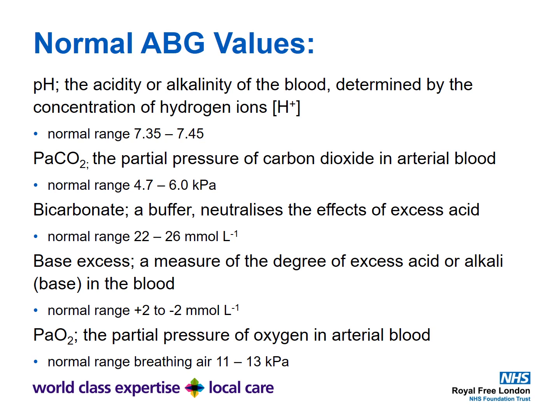Don't worry too much about base excess. This simply reflects the degree of excess acid or alkali in the blood in order to maintain or achieve homeostasis. And PaO2 is the partial pressure of oxygen in arterial blood, and this is usually between 11 and 13 kilopascals.